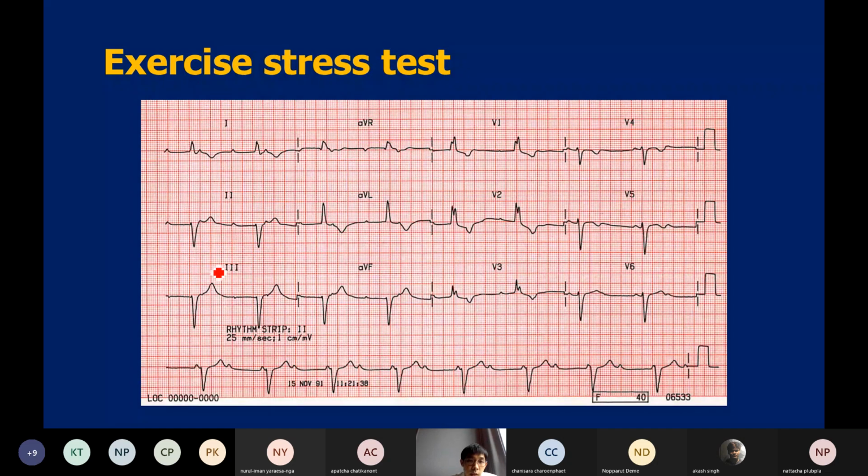You see that the conduction is worsening. You see that the P wave is not associated with the QRS. You could tell that it is a block below the AV node because it is worsening with the exercise stress test.